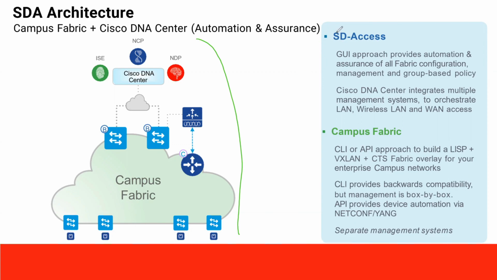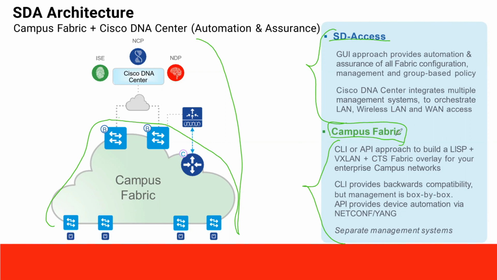One is SD-Access, which deals with all the configuration and everything of these devices, the software-defined part. And there is a campus fabric, which deals with the control plane, data plane, and policy plane. So these two are different terms. The campus fabric is built with the help of SD-Access.